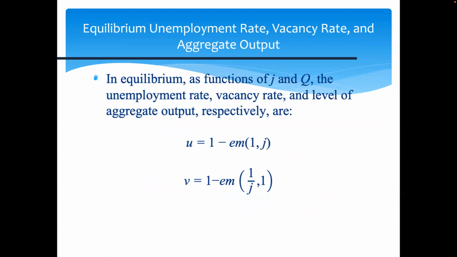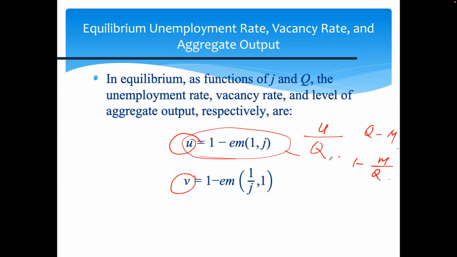Once we find a Q star, let's go back. We can easily solve for the unemployment rate and the vacancy rate. What is the unemployment rate? The unemployment rate is U divided by Q. But what is U? U essentially is Q minus the total match, and then simply this is equal to 1 minus M divided by Q. So that's how we end up with this.